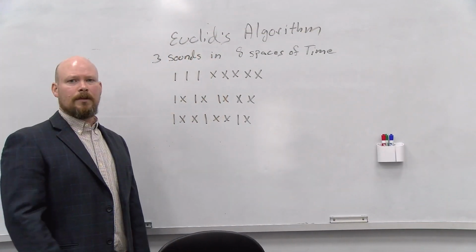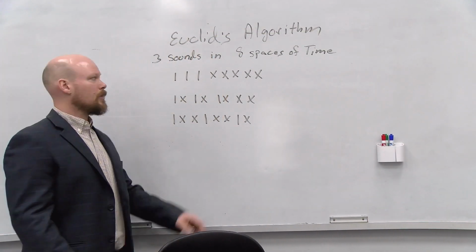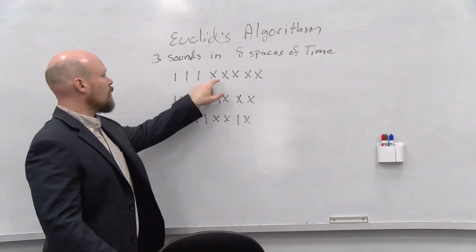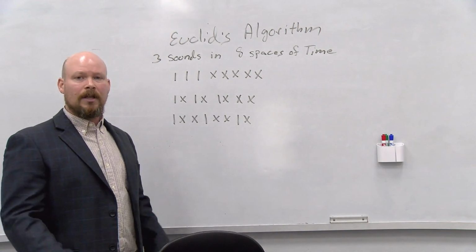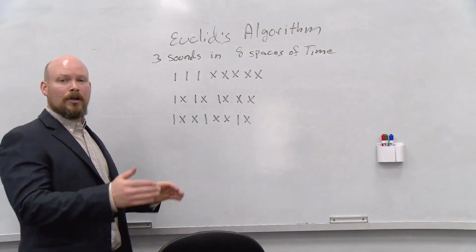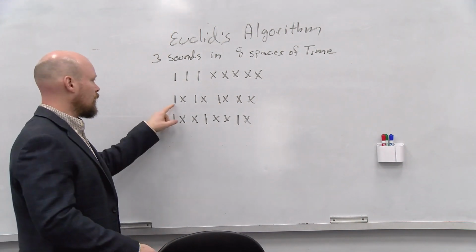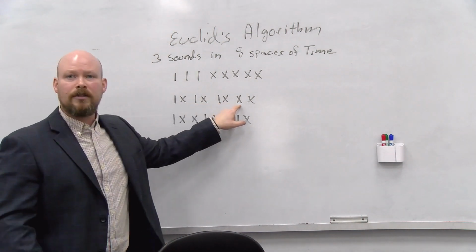For example, we can take 3 musical occurrences and divide them into 8 spaces of time. In doing so, we start by putting 1 space of silence in between each occurrence of sound. But you'll notice we have 2 left over.